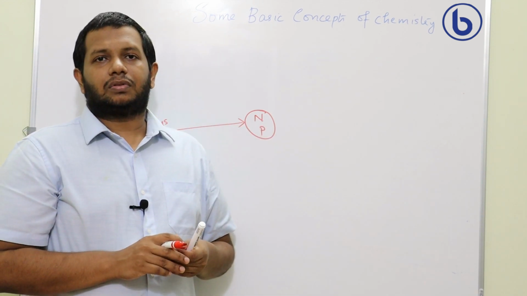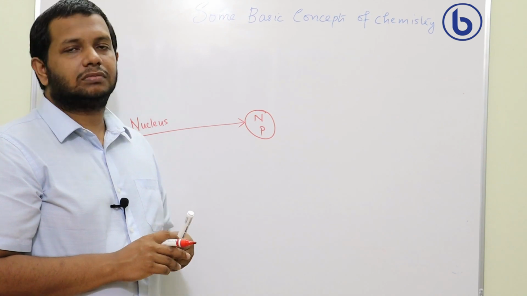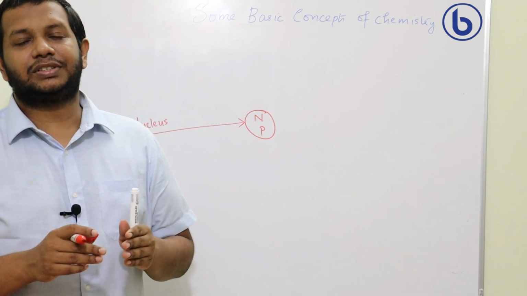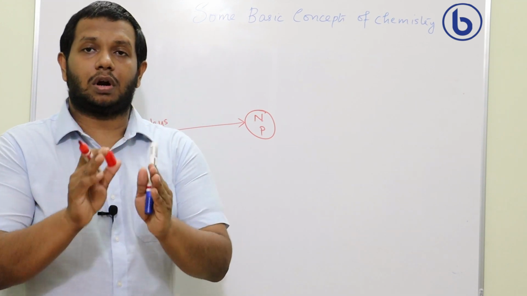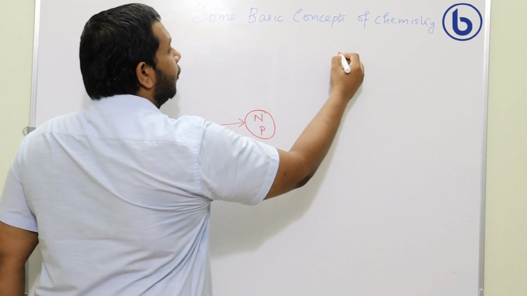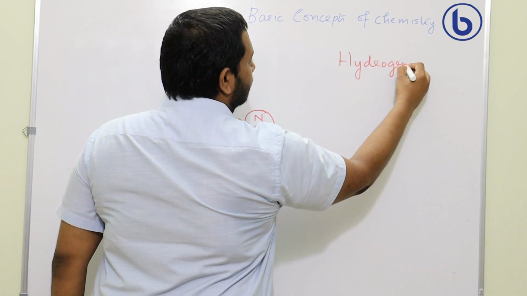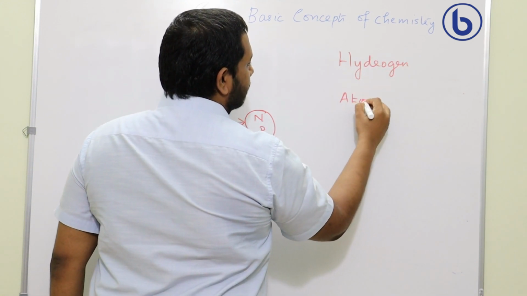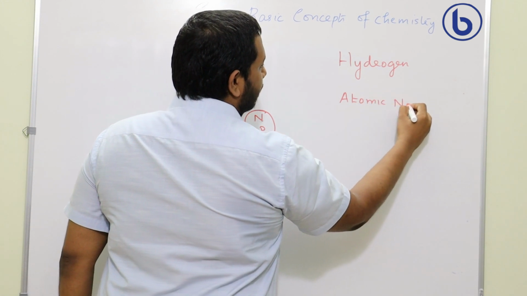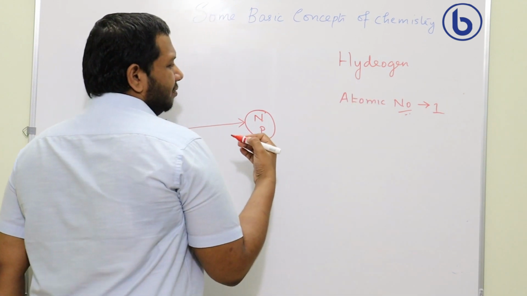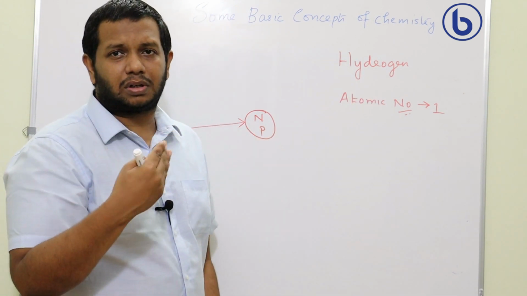So hydrogen, what is the atomic number of hydrogen? New terms are coming. Hydrogen, the atomic number is 1. What does that mean? You might have learned in your lower classes.